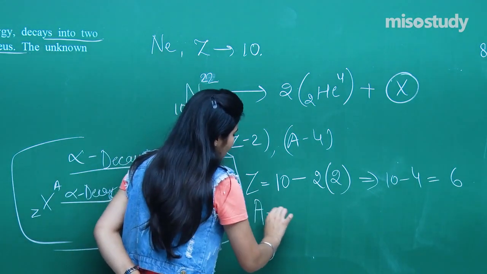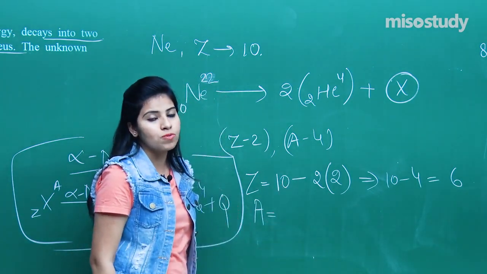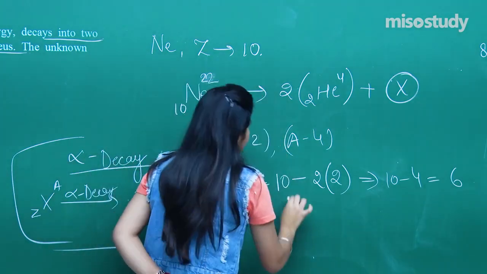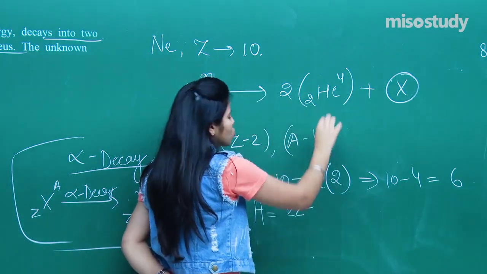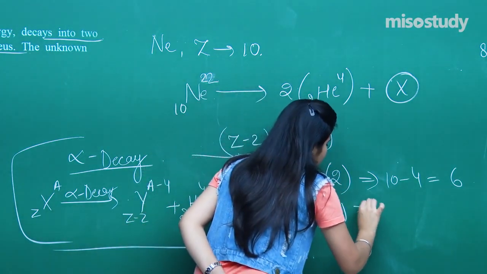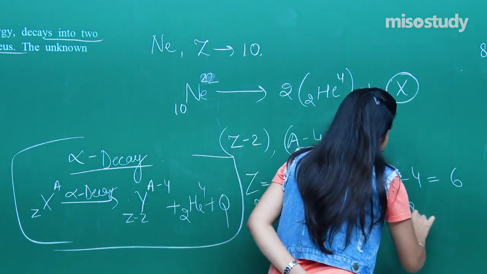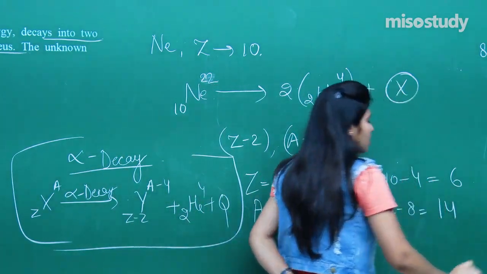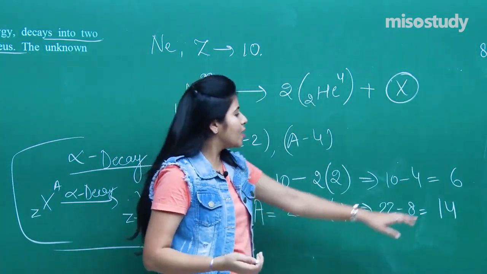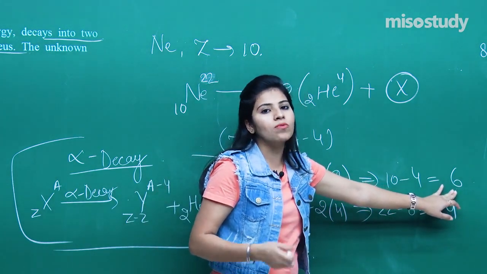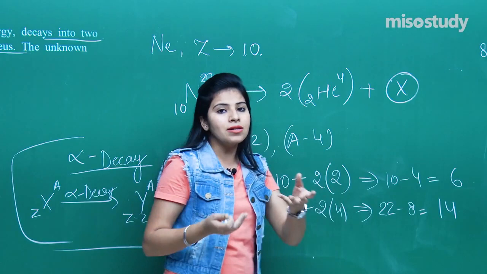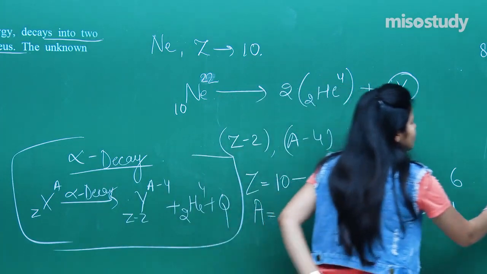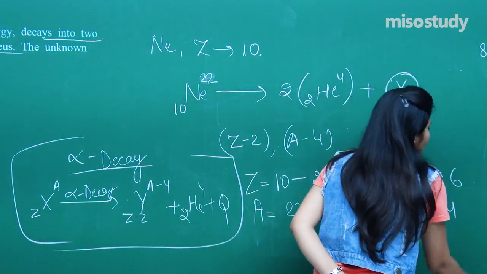If I talk about the mass number, we know that the mass number will be reduced by 4 each time. So this is 22 minus 2 into 4, so 22 minus 8, which is 14. From the atomic number 6, you might have got an idea that the atom whose atomic number is 6 is nothing but carbon.